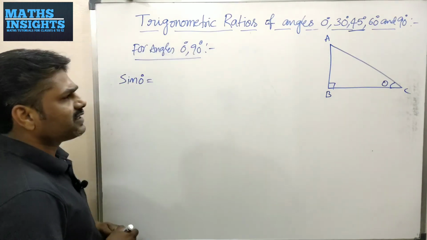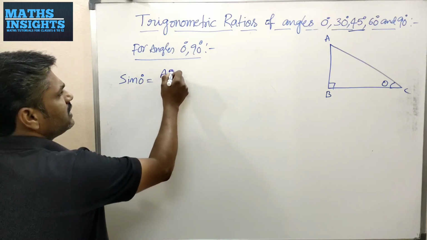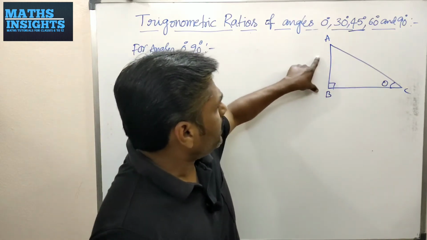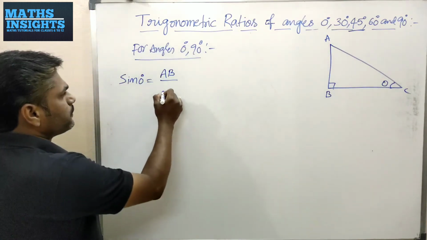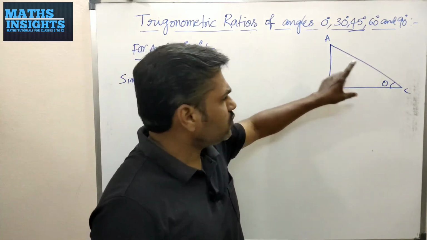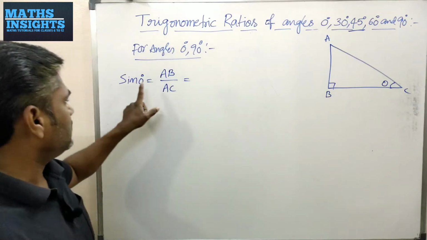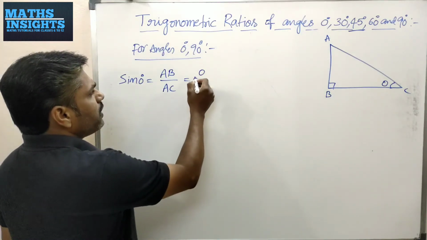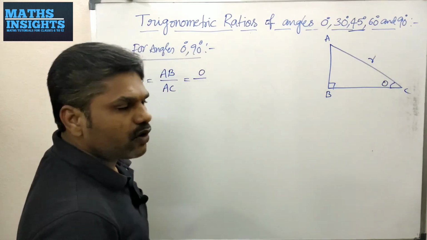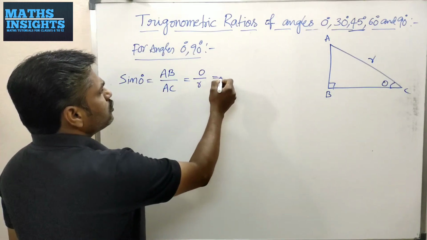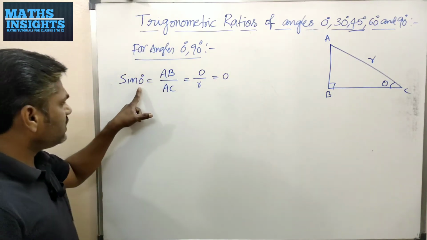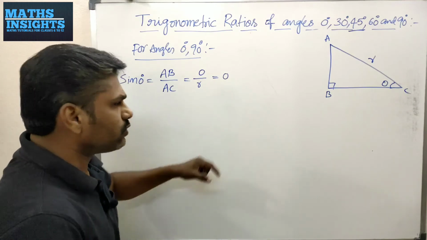So first I will write the definition generally. Actually, sine theta is AB by AC, that is the side opposite to theta by hypotenuse. AB value is becoming 0 when you want this theta as 0 degrees. Therefore 0 by, if you assume any length for the hypotenuse, let it be r, then it will become 0 by r. 0 by anything is 0. Therefore sine 0 degrees value is 0.